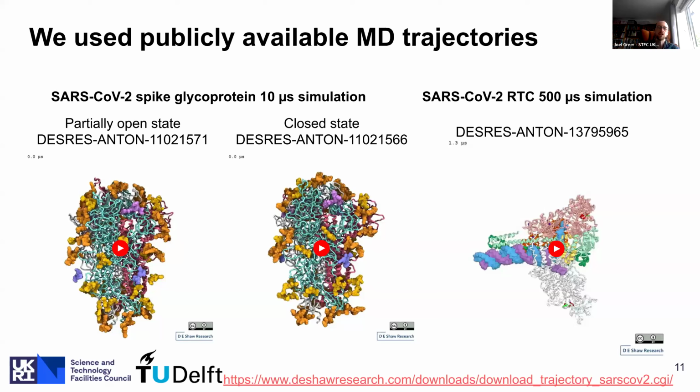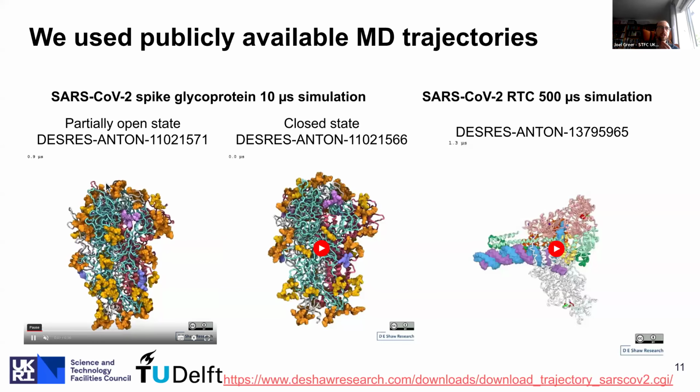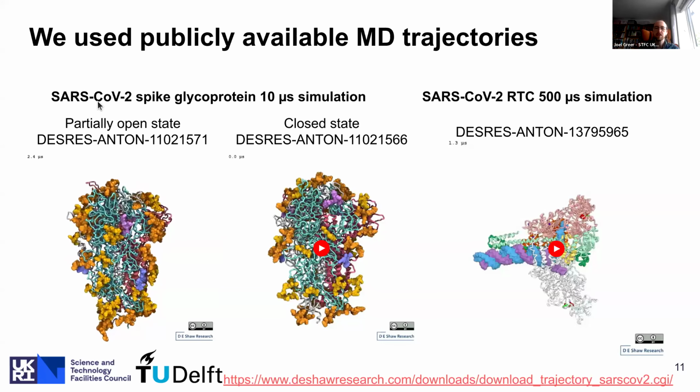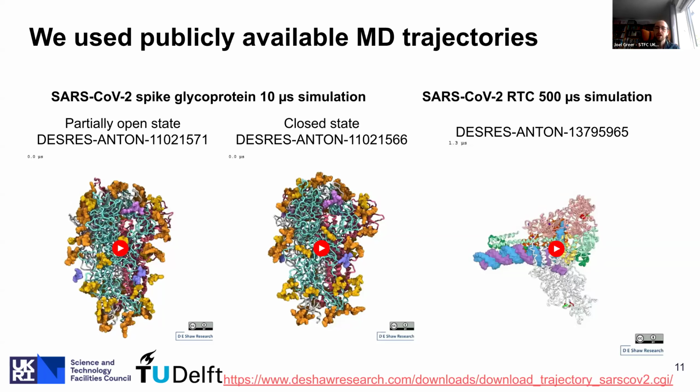So we chose the SARS-CoV-2 spike glycoproteins, in particular the partially open conformation, because the receptor binding domain around here has been found to be reconstructed from experimental datasets with lower local resolution than the rest of the protein in this open state, and provides us with a reasonable reference point for a region of increased conformational heterogeneity.